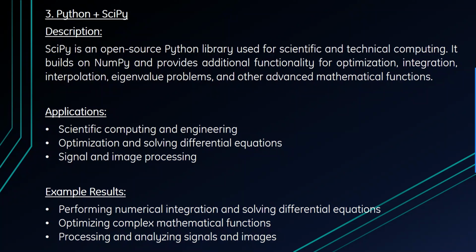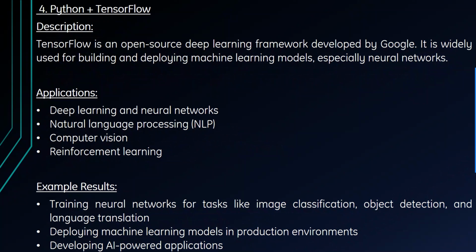Moving on, we have TensorFlow. TensorFlow is again an open source deep learning framework developed by Google. It is widely used for building and deploying machine learning models, especially neural networks, and we have applications given as deep learning and neural networks, which is a part of data science, and we have natural language processing, which is also data science, computer vision, and reinforcement learning, also data science.